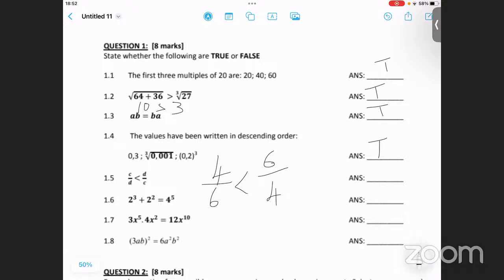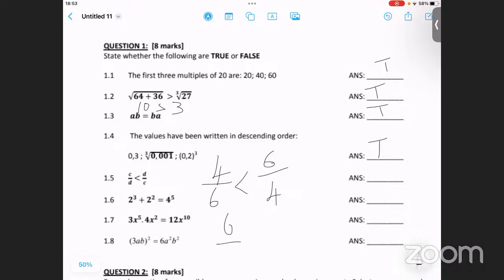Because 4 over 6, it's like 0 comma something, right? Whereas 6 over 4, it's 1 comma something. So 0 comma something is less than 1 comma whatever, right? And again, I swapped the values of C and D. Now let me make my C to be 6.